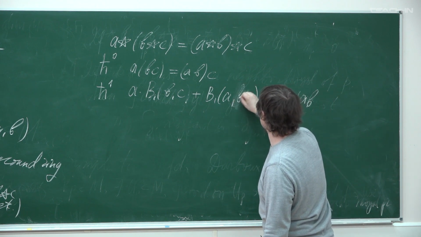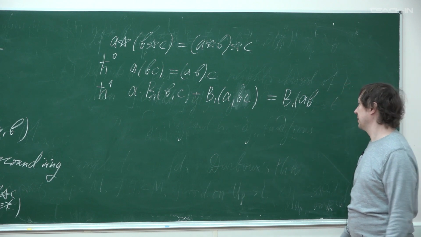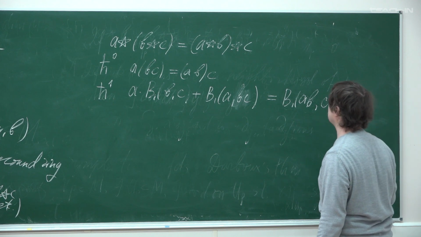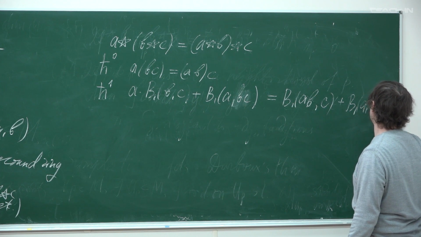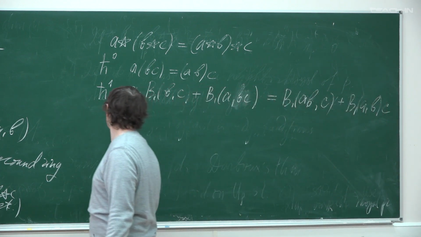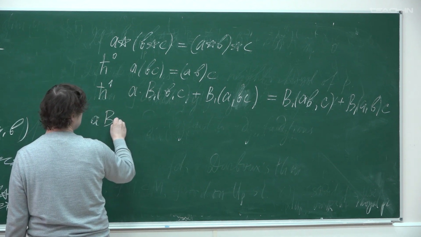A, comma, B, C. It was my slip of hand. Plus B1 of A, B times C. If we collect all the terms on one side, for instance on the left, we'll get this formula.